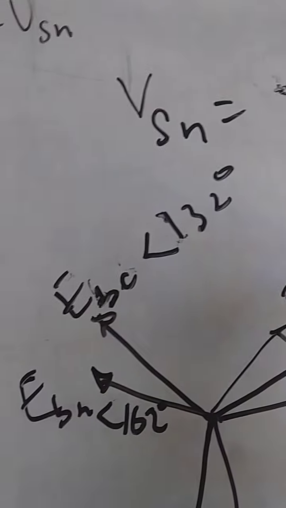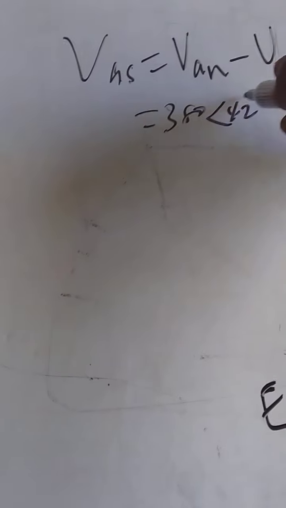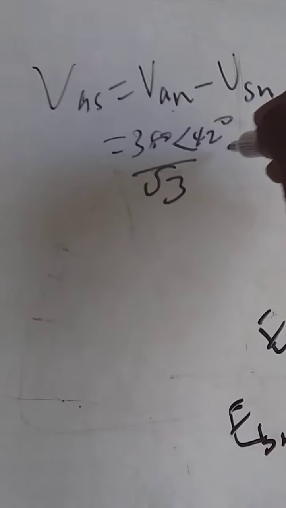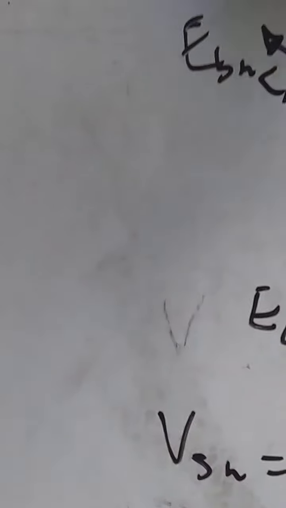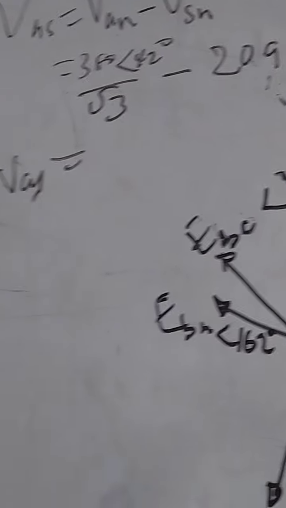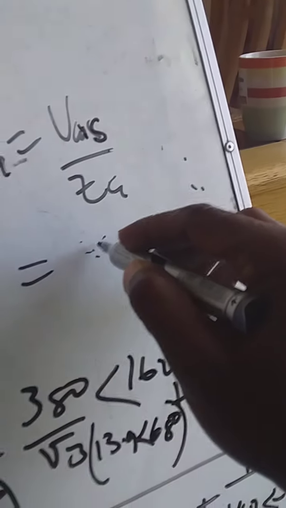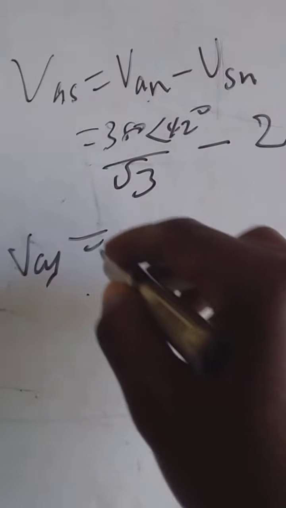Our VAN on the phasor diagram is at angle 42, which is 380 at angle 42 degrees divided by root 3, because it's phase, minus VSN, which is 209.992 at angle 44.22 degrees. That will give you your VAS. Once you get your VAS, you divide by your ZA, and that will give you your IA.